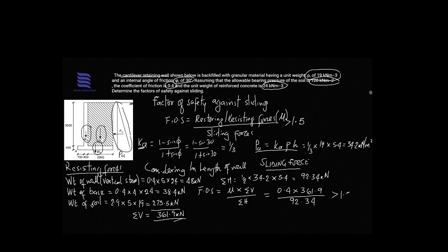Once it's less than 1.5, your retaining wall is not safe against sliding effect. So we need to prefer several other solutions, of which I'm going to show to us in upcoming videos. Right, so the result for this would be 1.56, which is greater than 1.5.